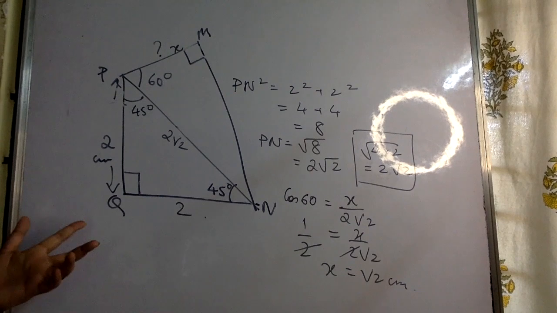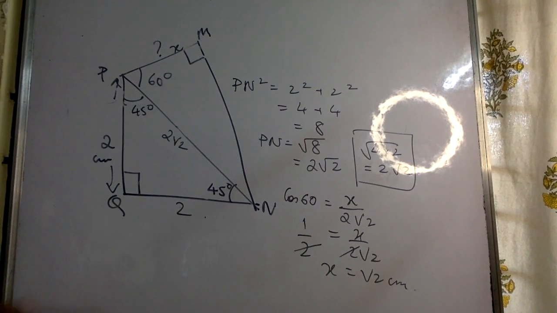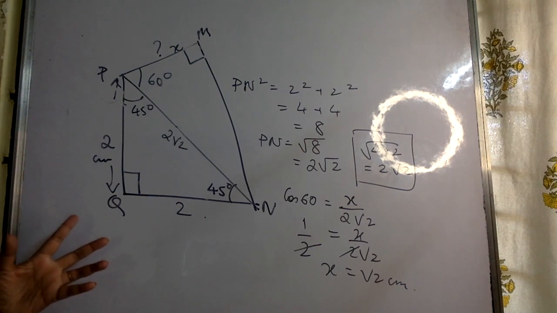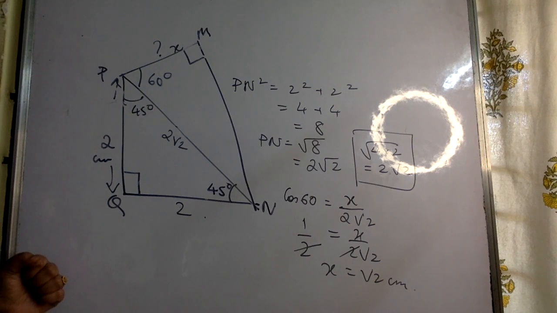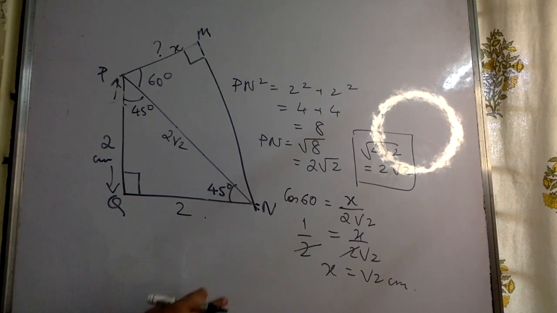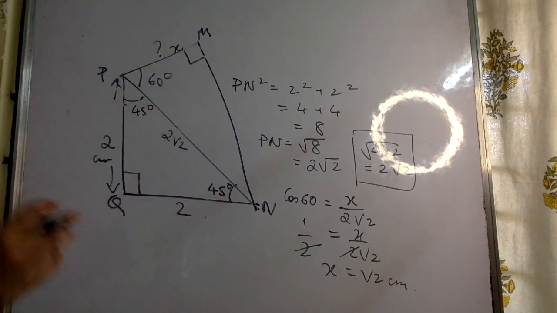In some sums there can be other methods, but trigonometry gives you very quick answers. So go for trigonometry as long as you see the angles as 60, 30, 45, or 90 and 0. These are the standard angles whose values you know. Therefore, you can very well use trigonometry for these. So, value of x is root 2. Now, let us see what the next sum is.